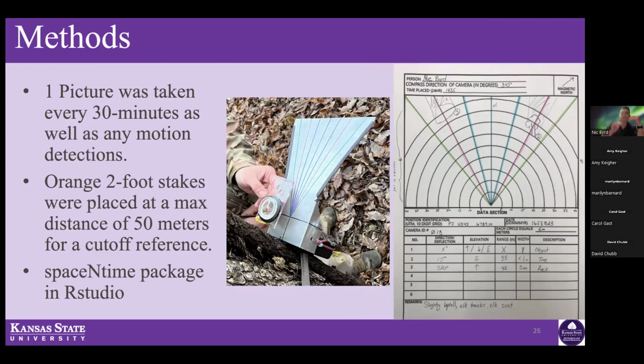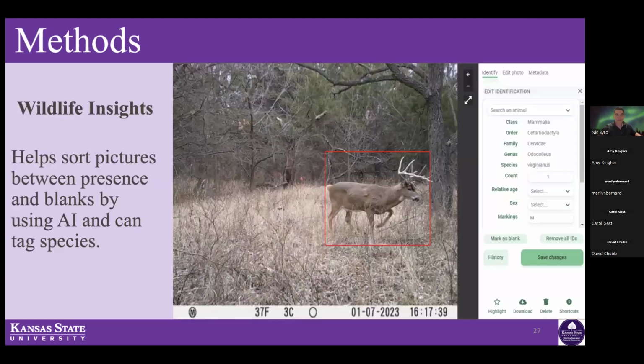Also, if the terrain were to drop, like we were on a ridge or a hillside at, let's say, 40 meters, we would establish that as our range cutoff. And we also used the spacetime package in RStudio. Again, we had transferred all of our photo data to Wildlife Insights using the same methods as before.